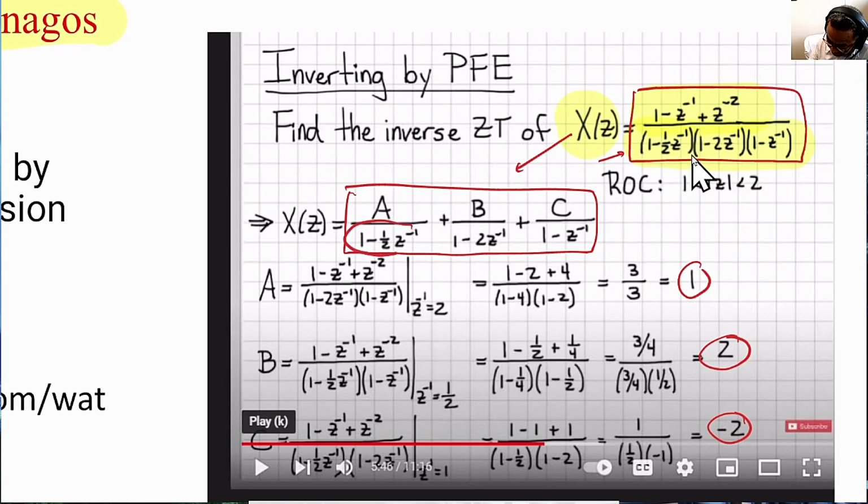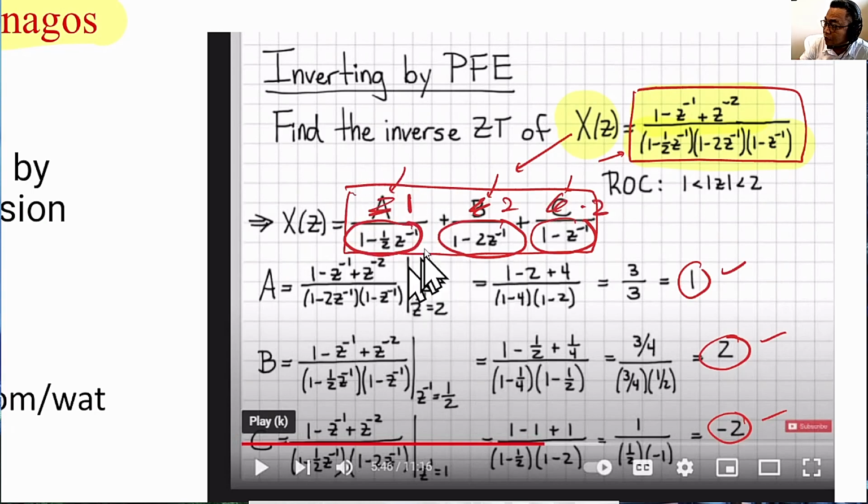So the only thing left for us to do is to express it in this manner and to find the numerator. To find the numerator, you have to perform this simplification, partial fraction expansion. You can follow Panagos' video for it. The answer is 1, 2, and minus 2. So we can substitute 1 here, 2 here, and minus 2 here.